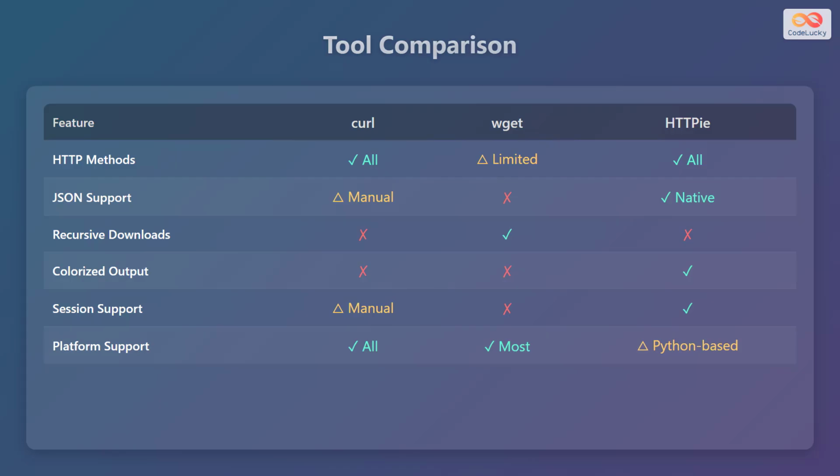Wget has limited hypertext transfer protocol methods, no JavaScript object notation support, supports recursive downloads, doesn't have colorized output, doesn't have session support, and supports most platforms. HTTPie supports all hypertext transfer protocol methods, has native JavaScript object notation support, doesn't support recursive downloads, has colorized output, has session support, and is Python-based.